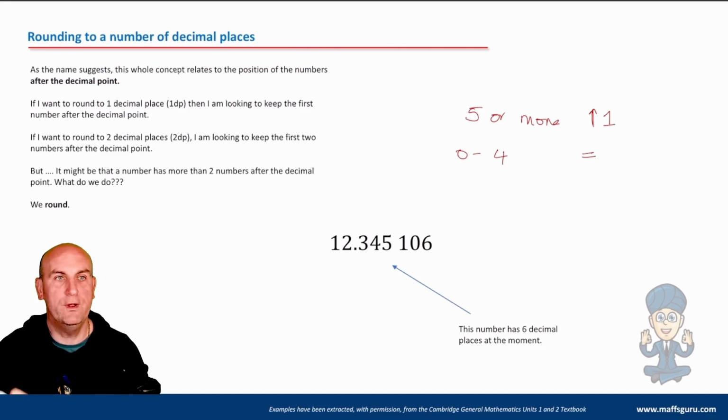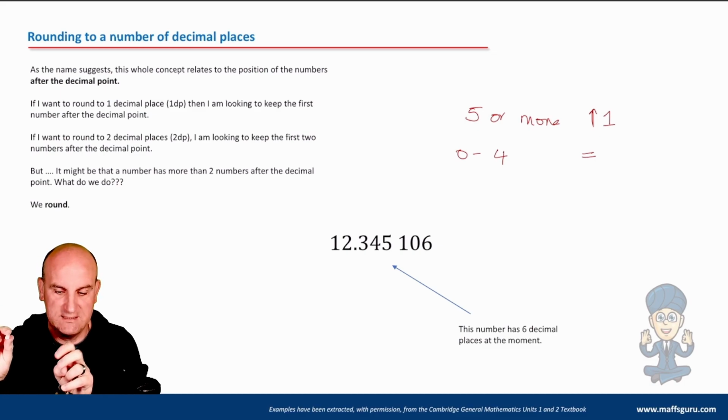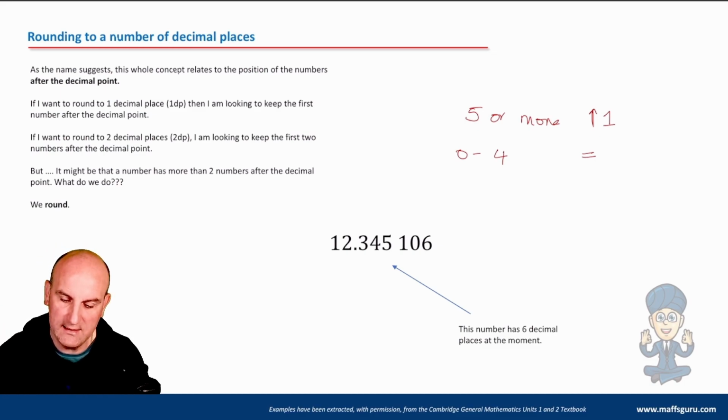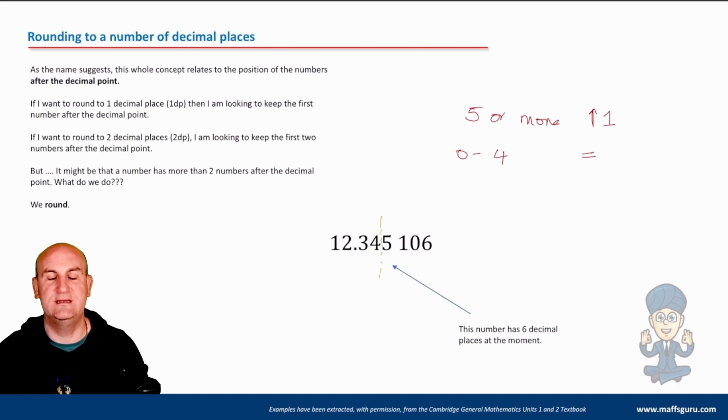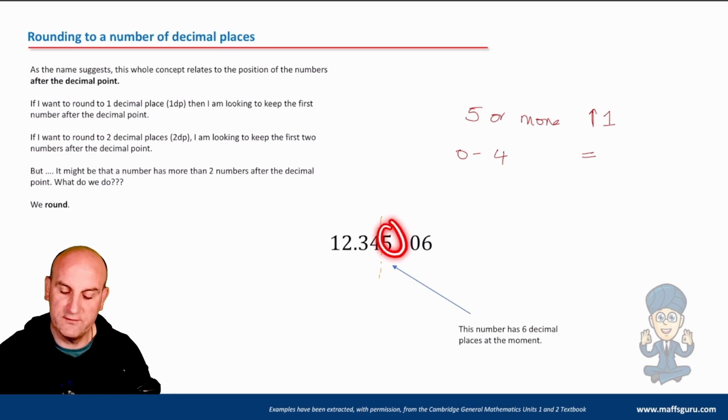Now, I want to round this number to 2 decimal places, for example. If I want to round it to 2 decimal places, what it really means is I only need to be left with 2 numbers after my decimal point. All the rest of the numbers are going to disappear. So what I tend to do is a dotted line after our second decimal place, the second number after the decimal point. Then I look at the number after the line.